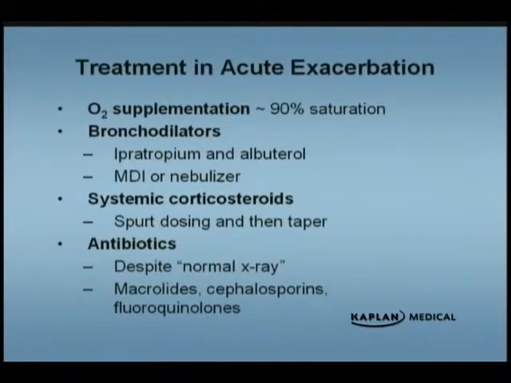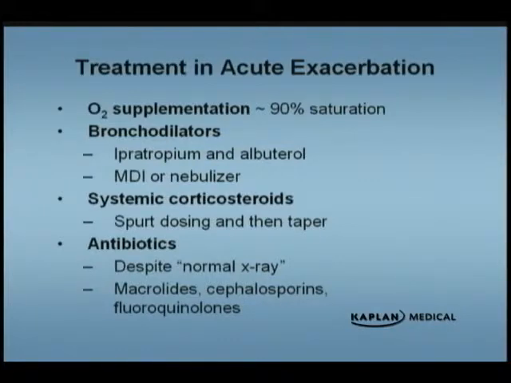The second big thing that has changed over the last 5 to 6 years is right here. Studies have shown that even when a patient has a normal chest x-ray who comes in with COPD exacerbation, you will benefit these patients if you put them on antibiotics. Why? Because a lot of them probably have some form of bacterial infection that you're either not seeing on the chest x-ray or you're not getting enough symptoms to make a clinical diagnosis.